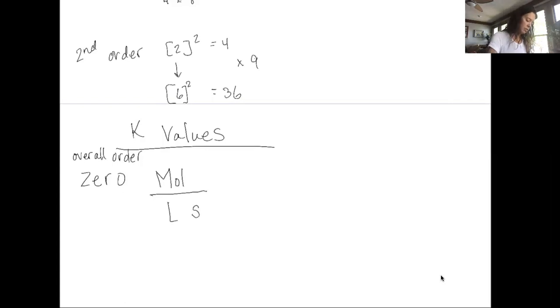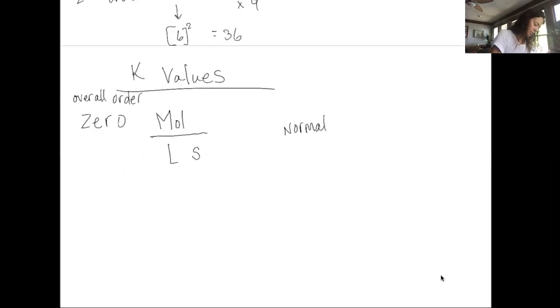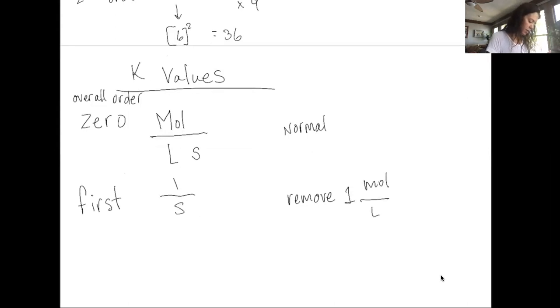Normal. So we're going to start normal. Now we're going to go to first. We're going to remove 1 mole per liter. And that's going to leave us with a per second, right?